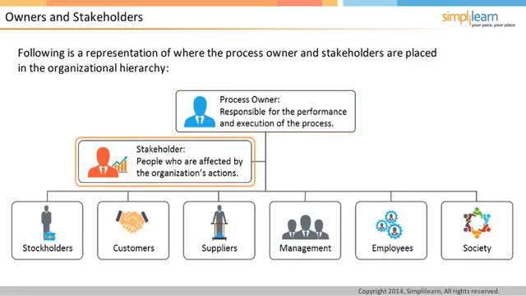On the other hand, a stakeholder is a person, group, or organization which is affected or can affect an organization's actions. Businesses have many stakeholders like stockholders, customers, suppliers, company management, employees of an organization, and their families, the society, etc. Let us discuss the effects of process failure on various stakeholders in the next screen.